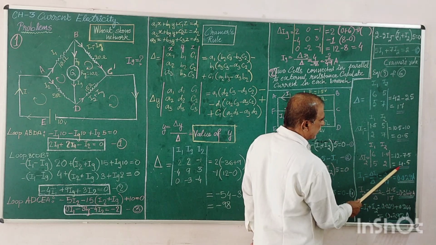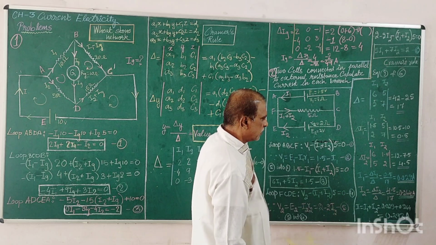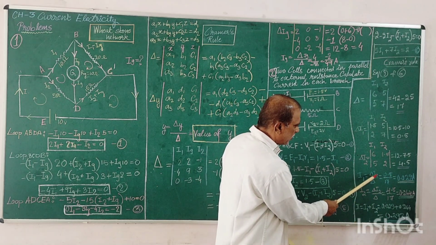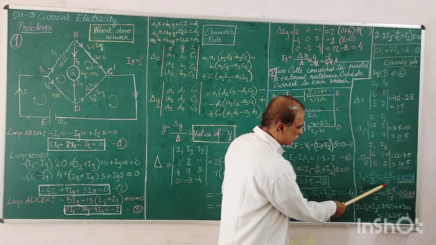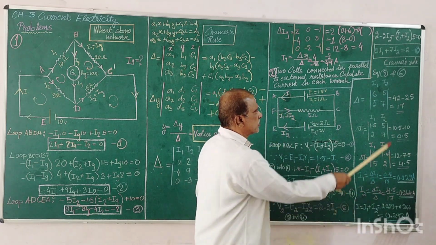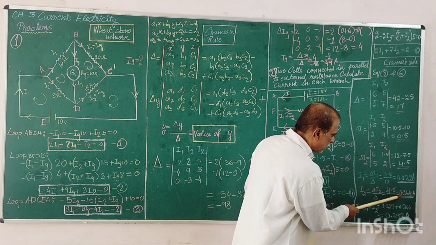That is delta I2. This is delta I1. To get the value of I1, take the ratio, delta I1 by delta, where delta is 17: 0.5 divided by 17. That is the numerical value.